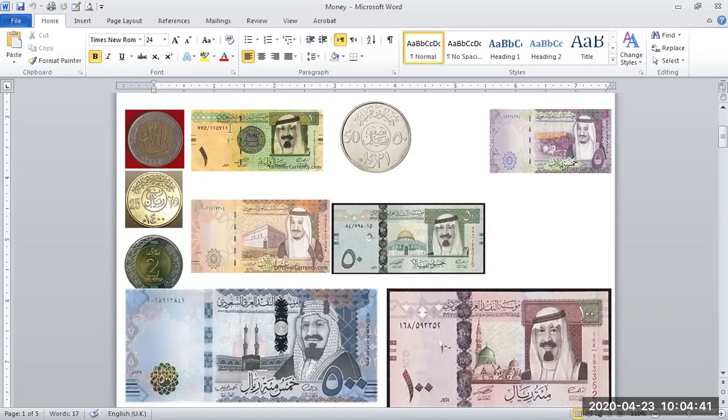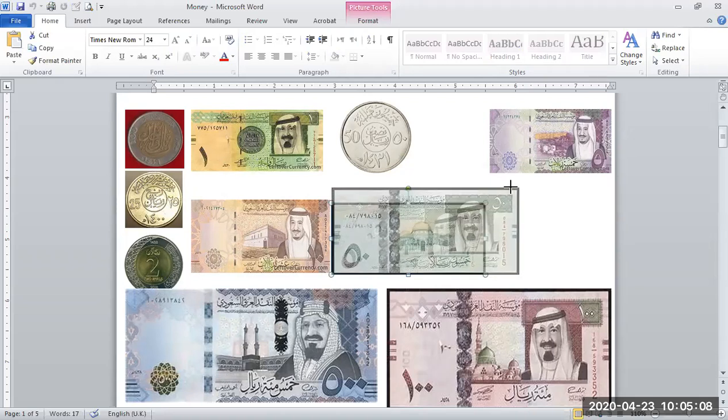Now this is the currency that we use in Saudi Arabia, the Saudi Riyal. Some money we use as a coin that is of less value, and when you buy a higher-priced thing, for example 50 or 100, then we use these notes.